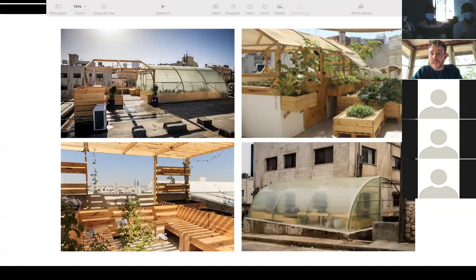One of them is on the rooftop of HELP, a German NGO, and the other one is in a language school in the east of Amman. These are custom-made greenhouses that fit once on the roof, once on the ground floor, really aiming to prolong the growing season. And the one on the left bottom is a pergola with a seating area that we made for the Belgian ambassador.